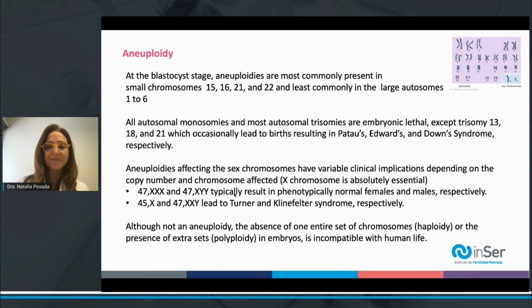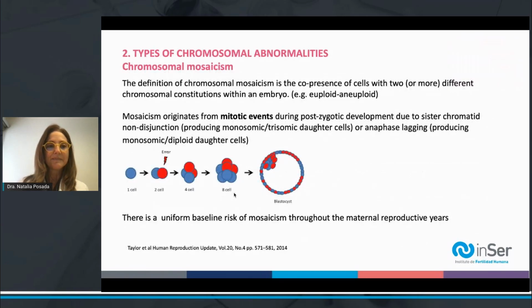When there's an absence of a whole set of chromosomes, we refer to it as haploidy, and when there's an extra set of chromosomes, we refer to it as polyploidy. In this case, to be exact, we are not referring to aneuploidies because we still conserve multiples of 23. However, these chromosomal aberrations are not compatible with human life.